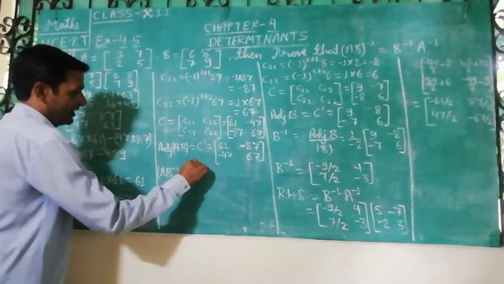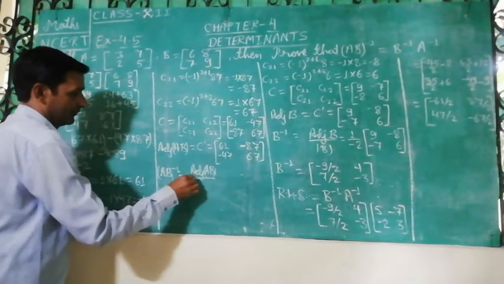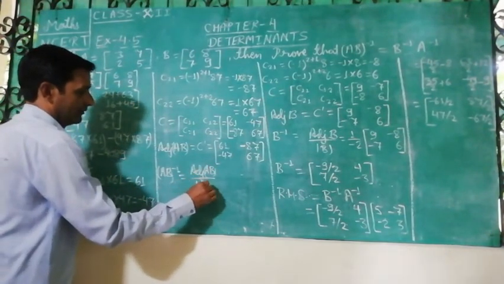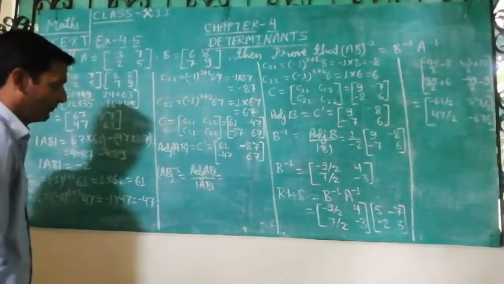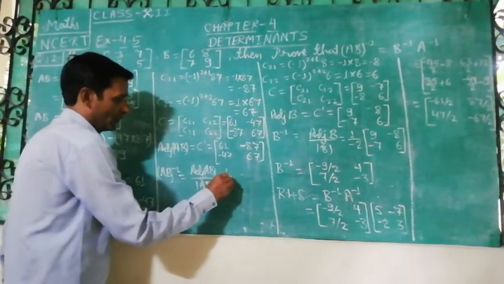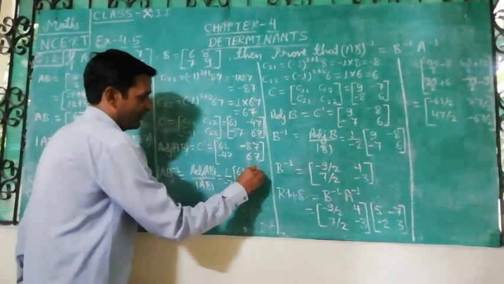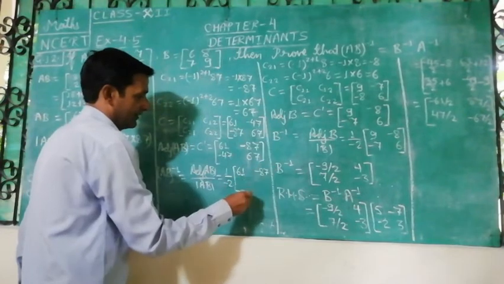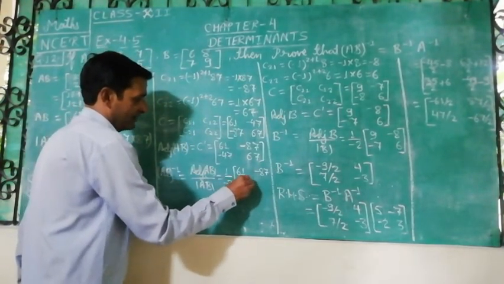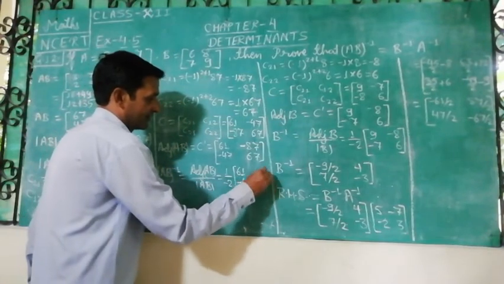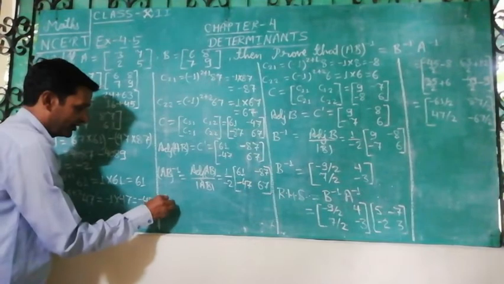Adjoint of AB upon determinant AB. It will be equal to 1 upon minus 2, and here it is 61, minus 87, and then minus 47, 67. If we divide it by this minus 2, then AB inverse will be what?